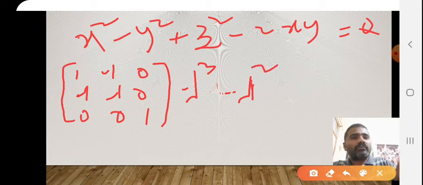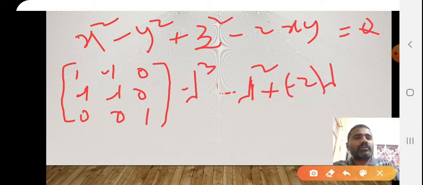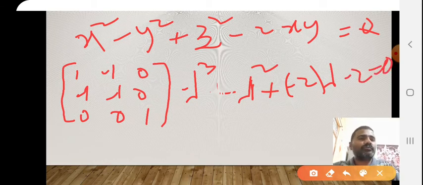Trace is 1, plus the sum of the cofactors of the diagonals. Cofactor of 1 is minus 1, cofactor of minus 1 is plus 1, and the cofactor of the last one is minus 1, minus 1, minus 2, giving minus 2 lambda. Plus the determinant, 1 into minus 1, minus 1, minus 2, equal to 0.